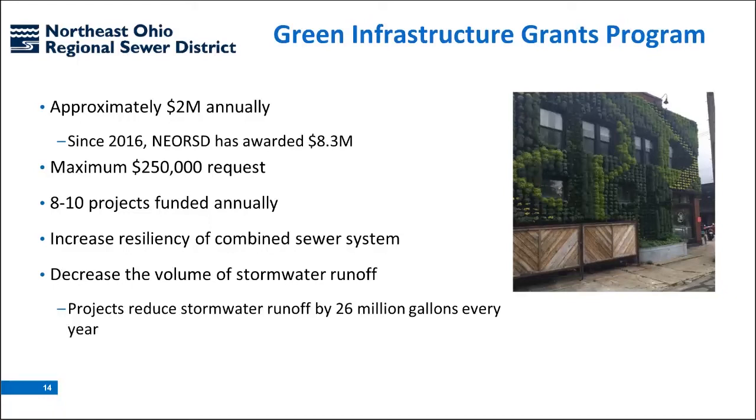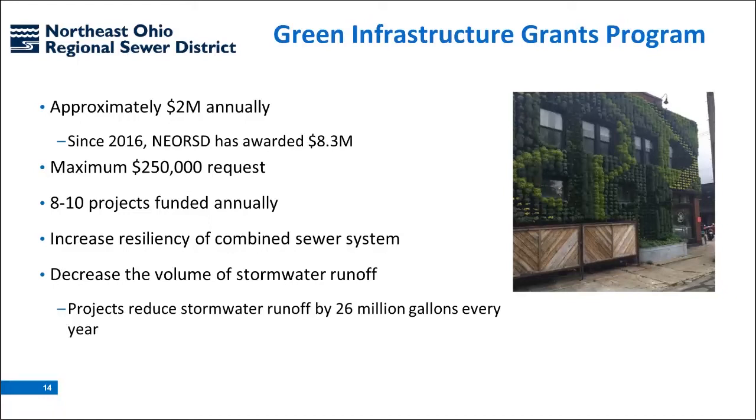So again, the goal in the combined sewer system service area is to ultimately increase the resiliency of that system that's overtaxed every time it rains, by decreasing the volume of stormwater runoff that is conveyed to it. We're simply trying to soak it up or harvest it and reuse it for another purpose for the most part.